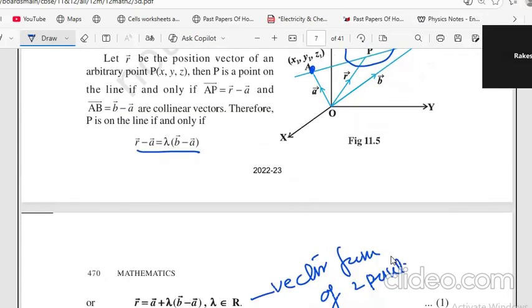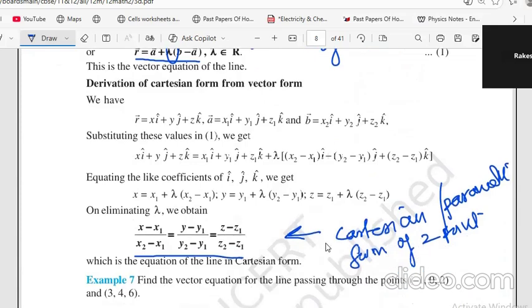You say that I can find the position vector of any point if I know this vector, and by the triangle law, any parameter lambda makes another vector which forms a triangle and gets me this. So this is that lambda, and this is the Cartesian parametric. So if you have 2 points, you can just subtract them to get the direction ratio and put one point here and get the parametric form.